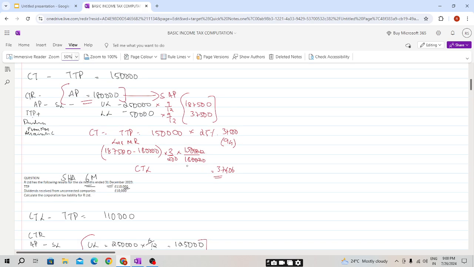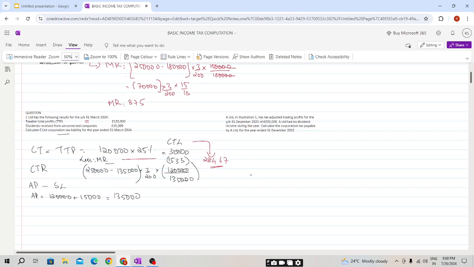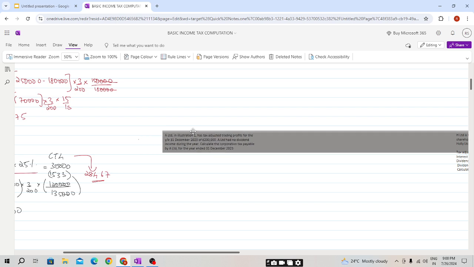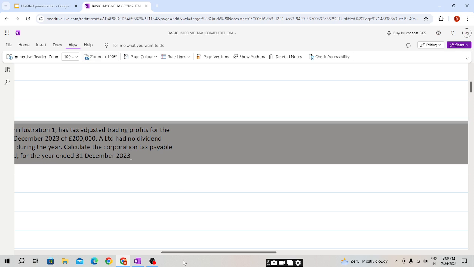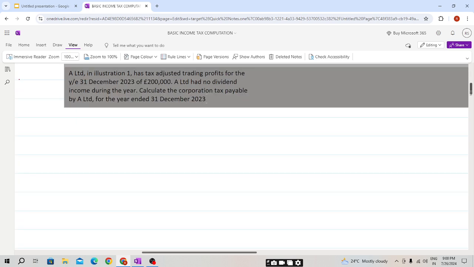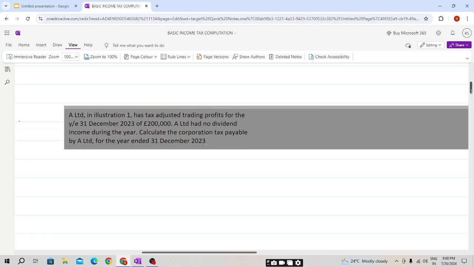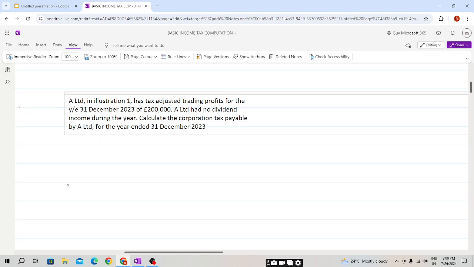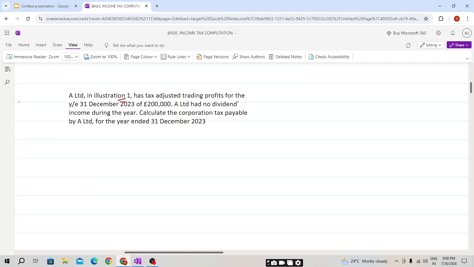Now students, we will be seeing the case of associated companies. A Limited in the illustration 1. So student, let's take an example here that the illustration 1 had some identification of the associated company.